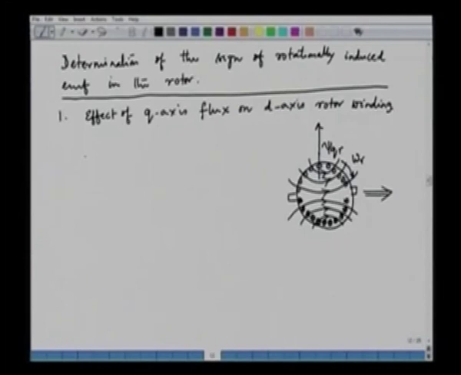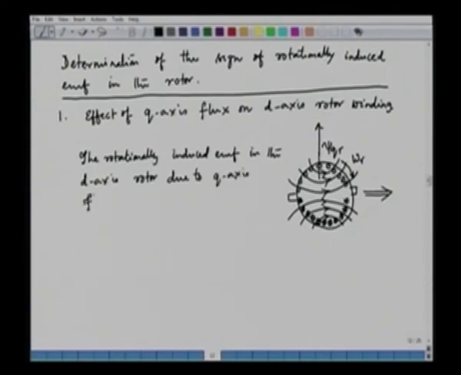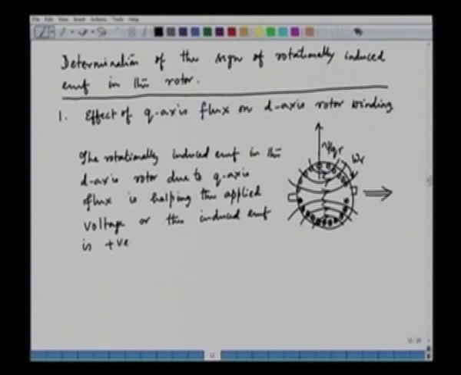So we can say here that the rotationally induced EMF in the d axis rotor due to q axis flux is helping the applied voltage, or the induced EMF is positive with respect to the applied voltage.